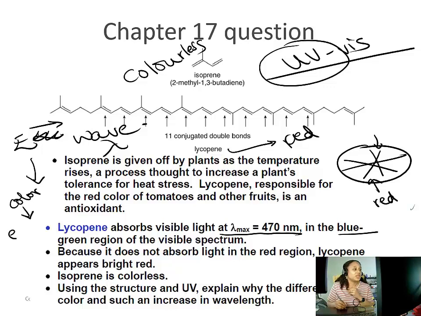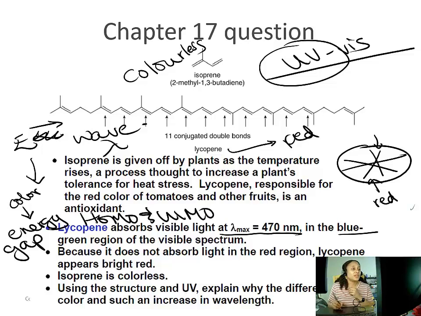There is a correlation between the energy gap between the HOMO and the LUMO of a molecule and how big that gap is and conjugation. So I want you to look up the relationship between conjugation and the HOMO-LUMO value.